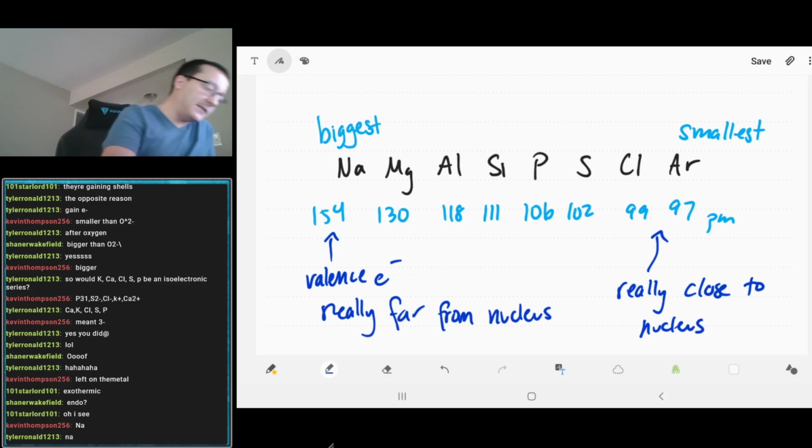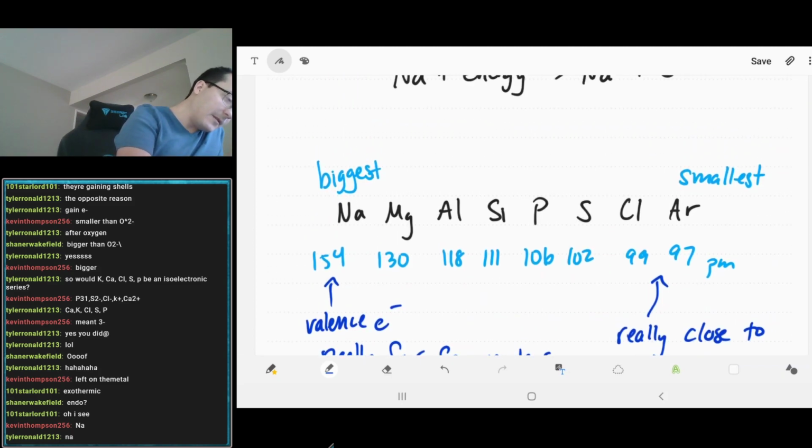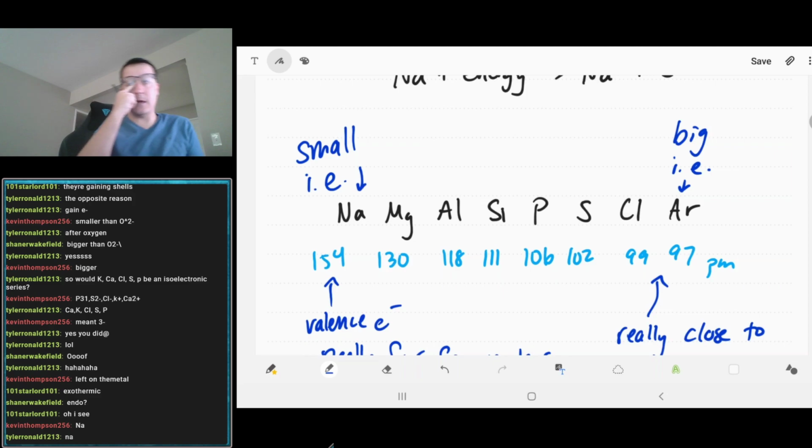And so we're going to see that, looking at the ionization energy, it takes a little amount of energy to take it from sodium, but a large amount of energy to take it from argon.